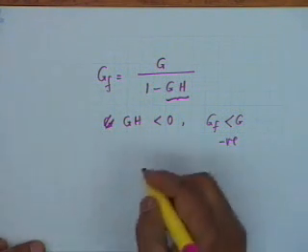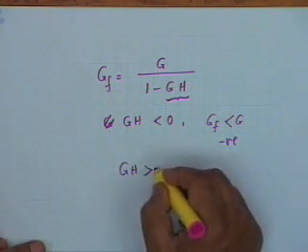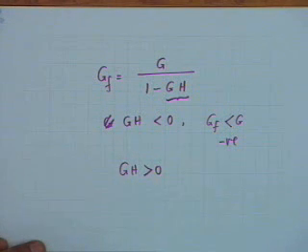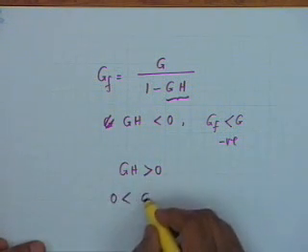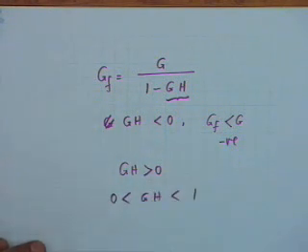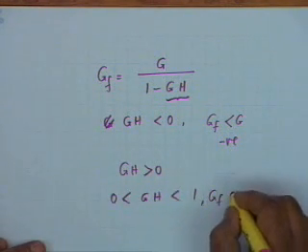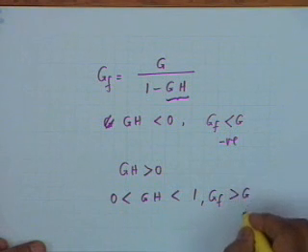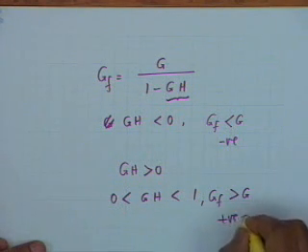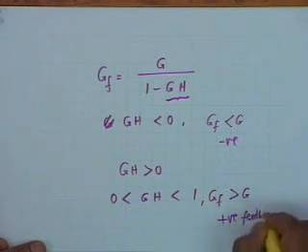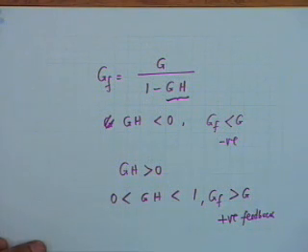On the other hand, if GH is greater than 0, and let us say less than 1, then GF obviously is greater than G, and the feedback is positive feedback. So, feedback can be positive or negative.